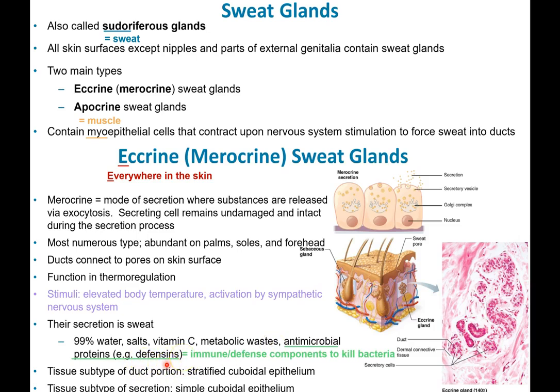In the photomicrograph on the right, we can see a cross-section of eccrine sweat glands. The duct segment of eccrine glands are lined with stratified cuboidal epithelium, while its secretory portion is composed of simple cuboidal epithelium.